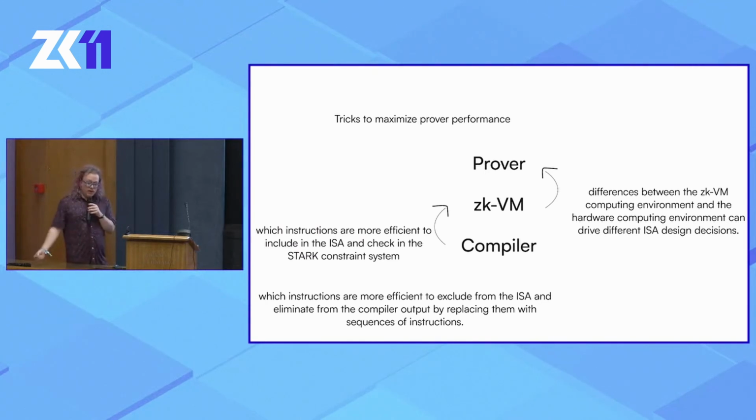This, of course, has no meaning in the abstract world of zero-knowledge circuits. And so one of the things that we change is we get rid of registers. I'll say a little bit more about that in a second. And then to support this, we need to have compiler tooling that rewrites code that uses instructions that we don't want to include in our instruction set and replaces it with equivalent code that does.